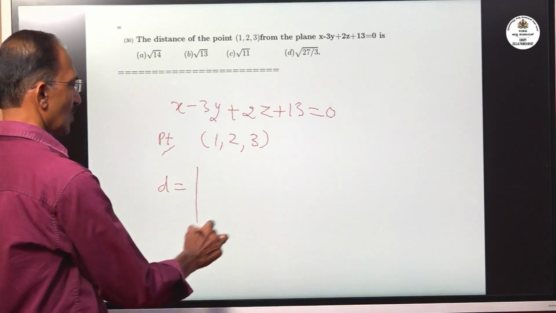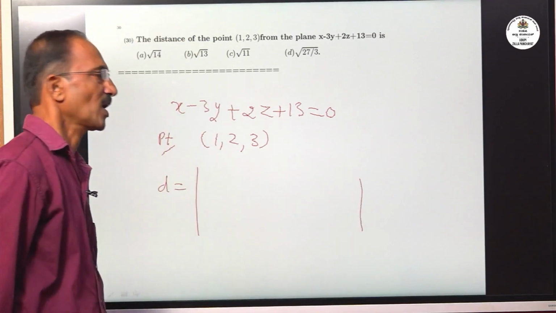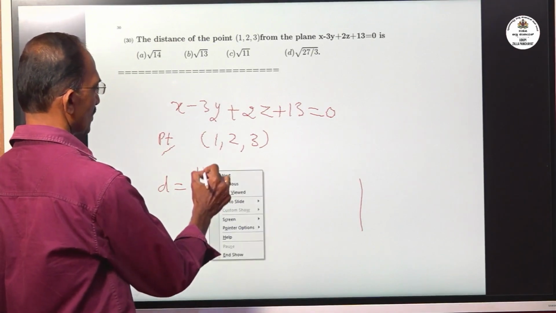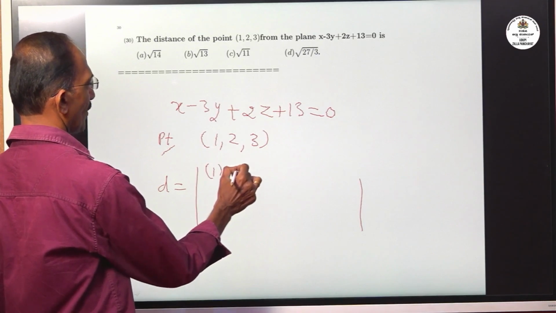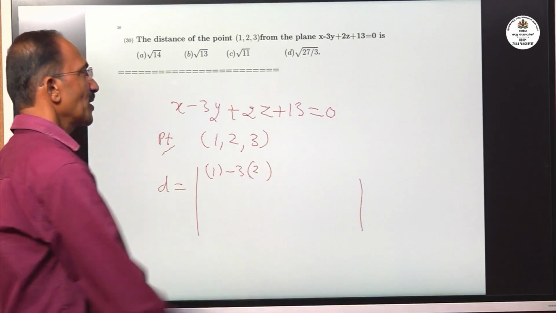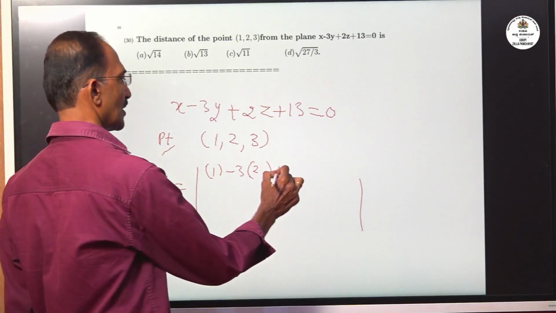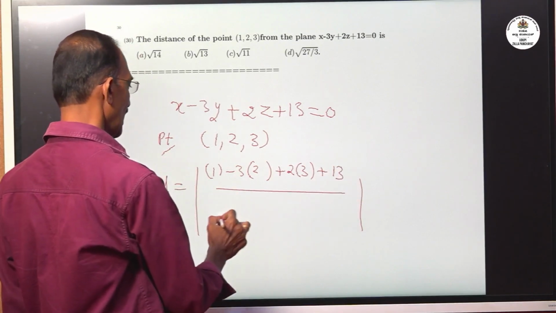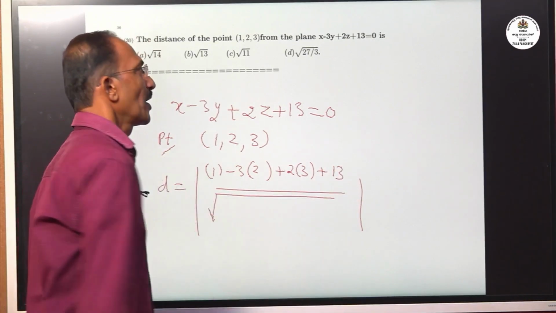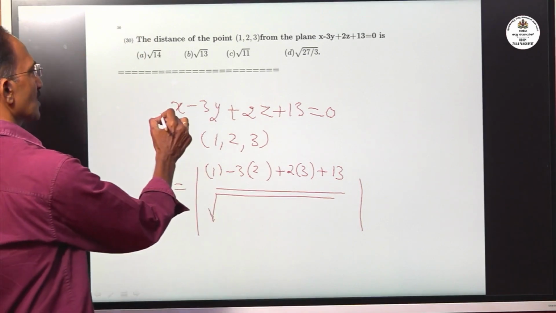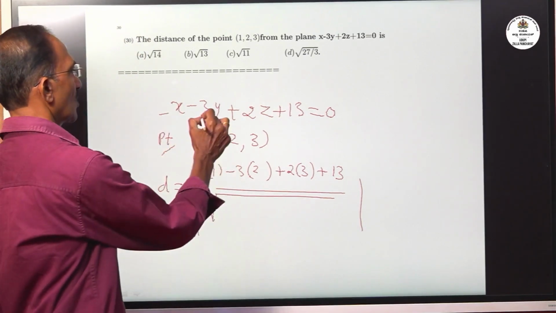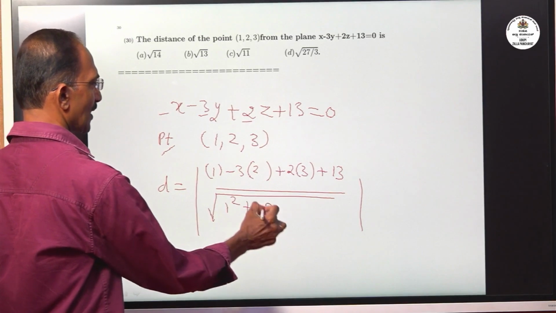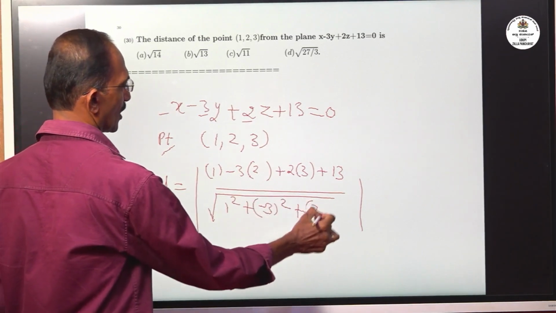So the distance is given by ax1 plus by1 plus cz1 plus d, where d is the constant term. So x is 1, minus 3 into our y, that is 2, and 2 times z, which is 3, plus 13, divided by the square root of a square plus b square plus c square, where a, b, c are the x, y and z coefficients. That is 1 square plus (-3) square plus 2 square.